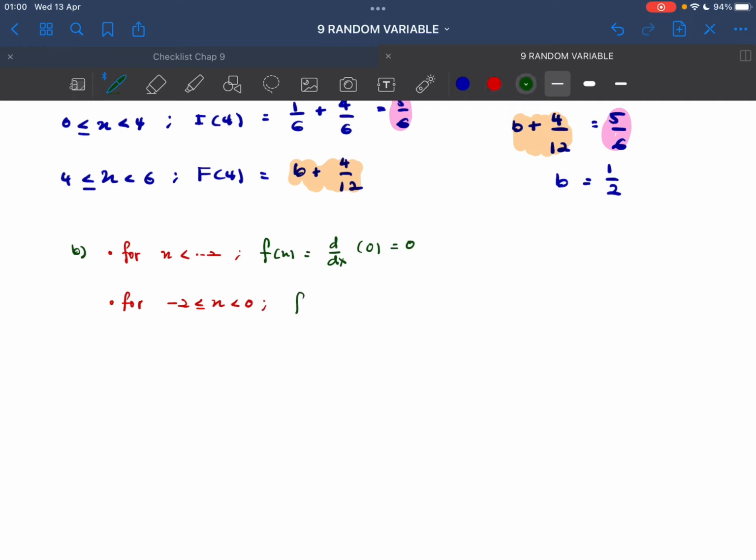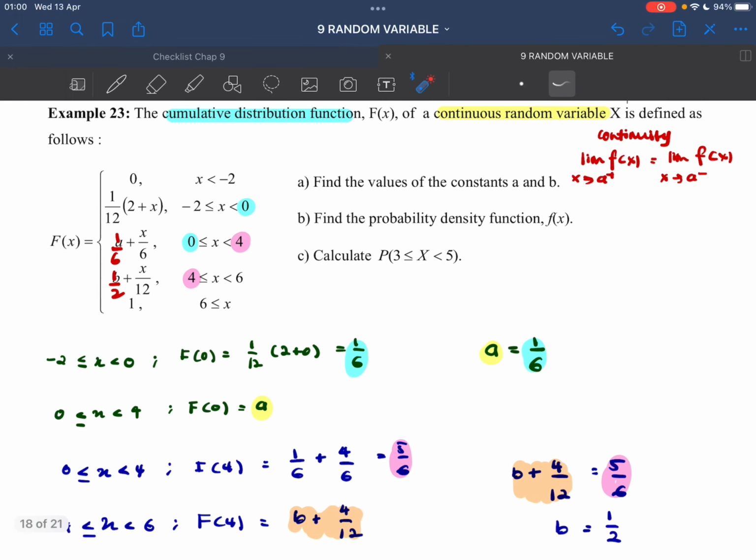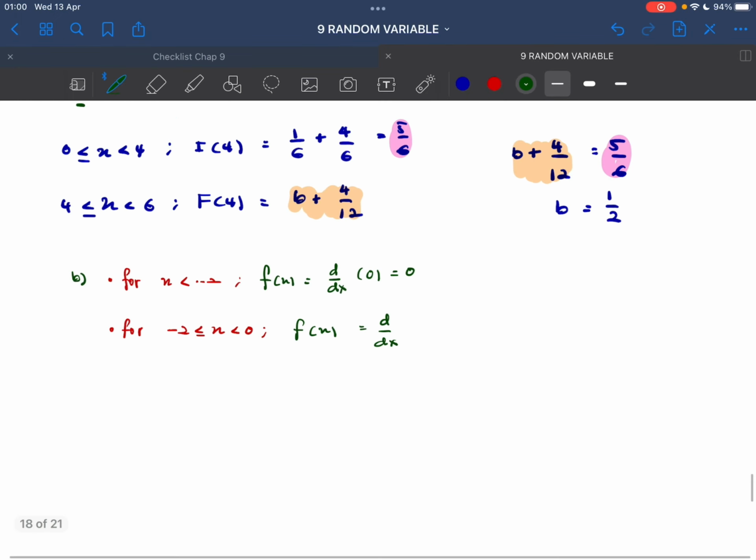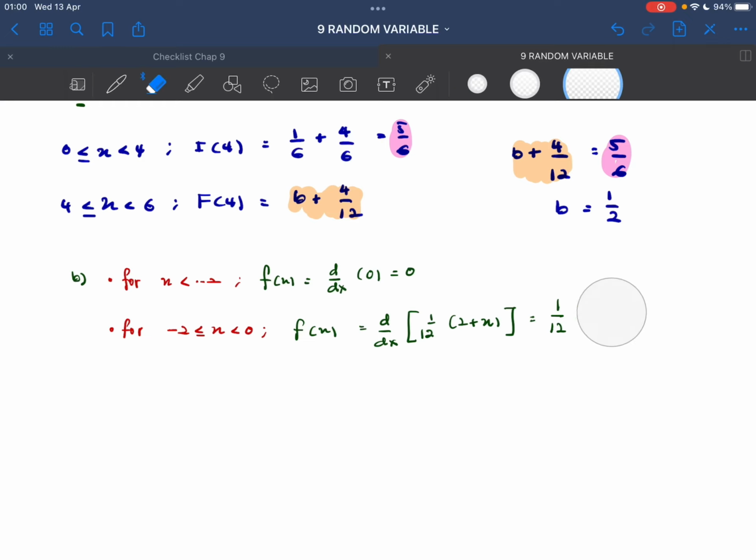So f(x) equals d over dx of the function for that range, which is 1 over 12 times (2 plus x). 1 over 12 is the constant. Differentiate 2, you'll get 0. Differentiate x, you'll get 1. So only 1 over 12.